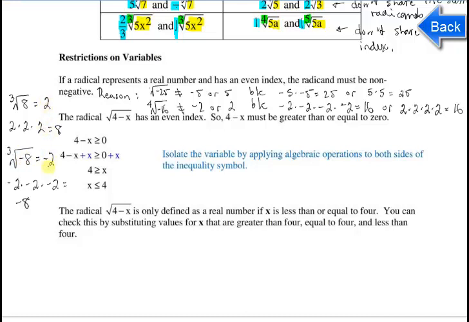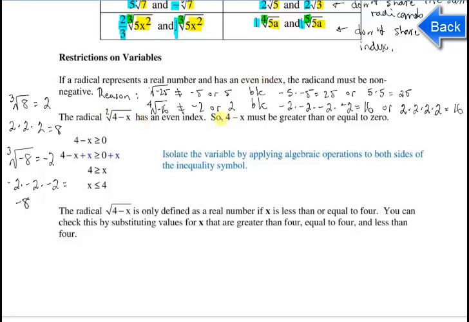Okay? Alright, now that concept is very important when we're taking a look at what we call restrictions on variables. Let's take a look at an example where we have the square root of 4 minus x, and you can see that your index is a 2. Okay, so now we're dealing with an even numbered index.